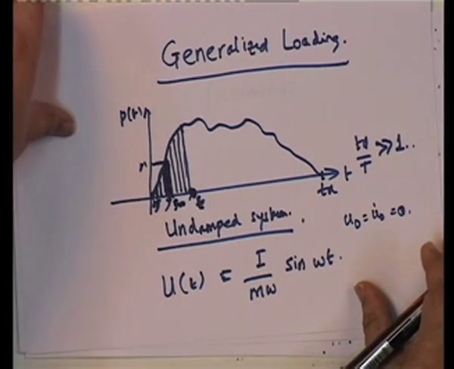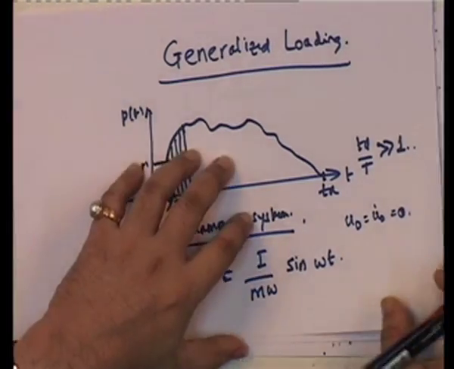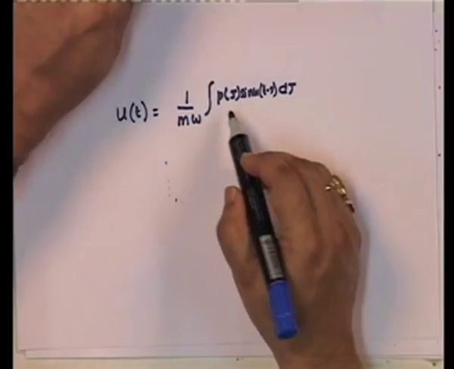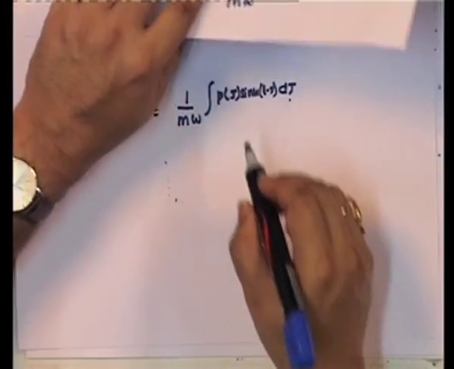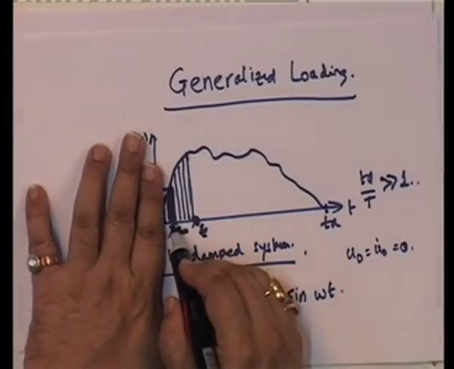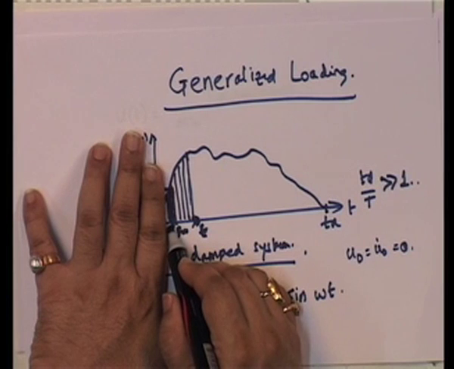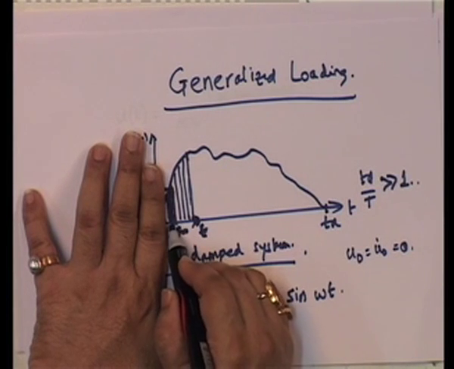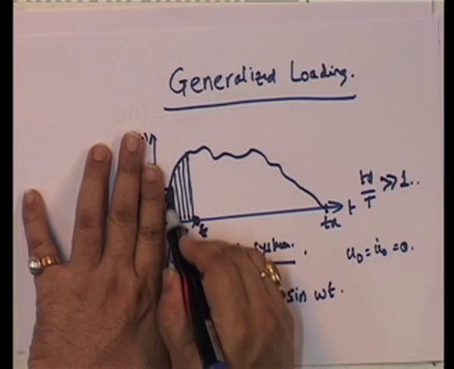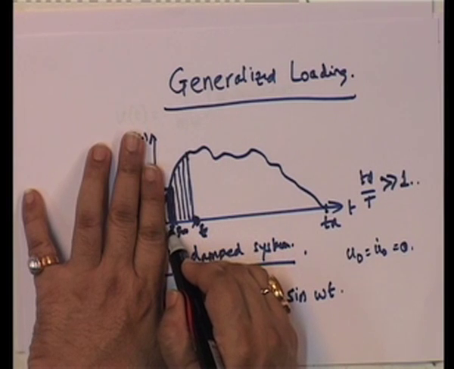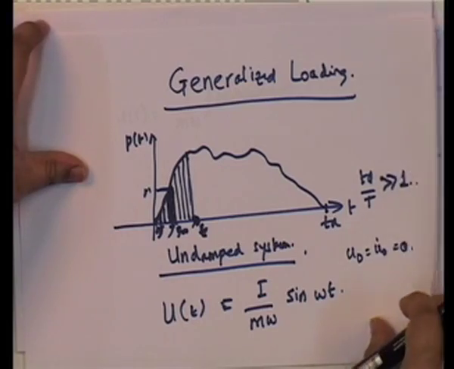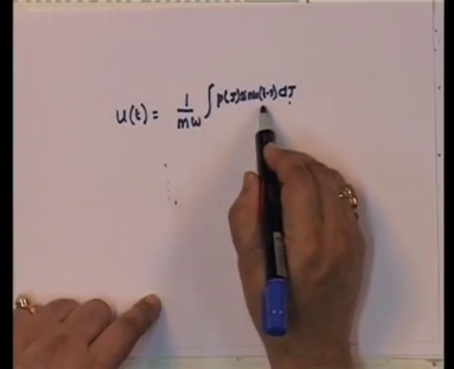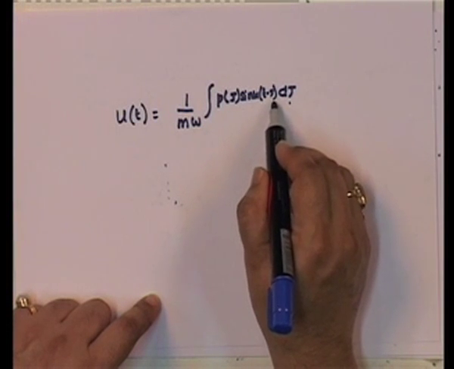So, what is the impulse? The impulse becomes p tau d tau, okay, and the response is going to be sine omega t minus tau, because the impulse was only given at time tau. Okay. So, since time tau was when it was given, t minus tau is a shifted time.